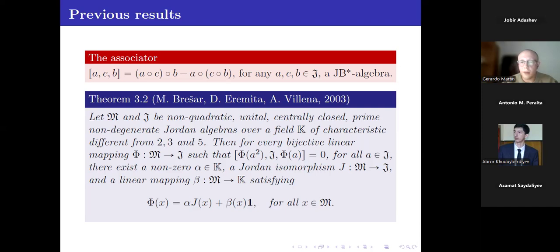Then for every bijective linear mapping phi satisfying this property, which is equivalent to saying that the elements phi of the square of A and phi of A operator commute, there exists a non-zero alpha, a Jordan isomorphism, and a linear mapping such that the map phi can be written in the following way.